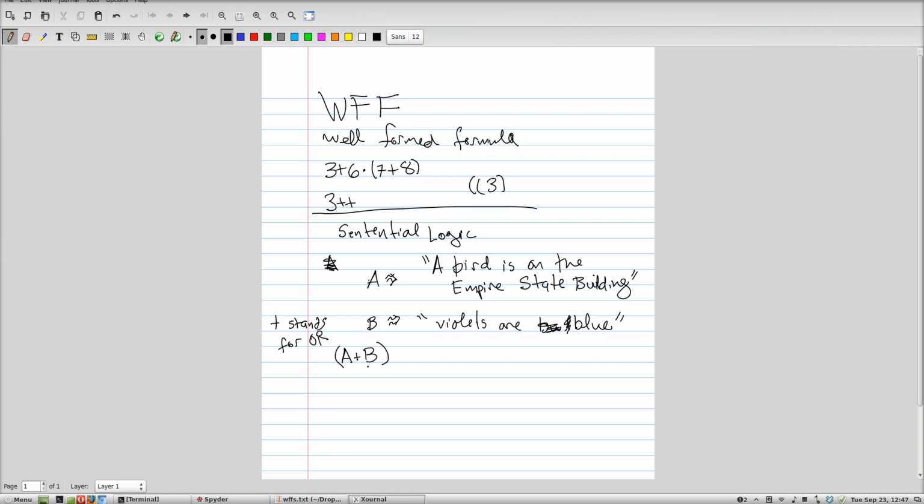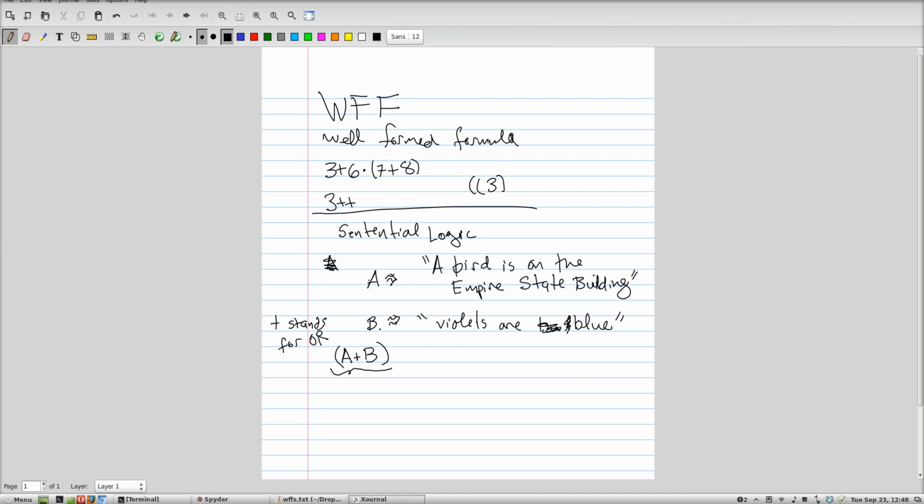So A plus B is a sentence, a logical sentence, and its form is a disjunction, and it's saying that A is true or B is true. And so this assertion, A is true or B is true, well, is it? Actually, it depends on whether a bird is on the Empire State Building or not.